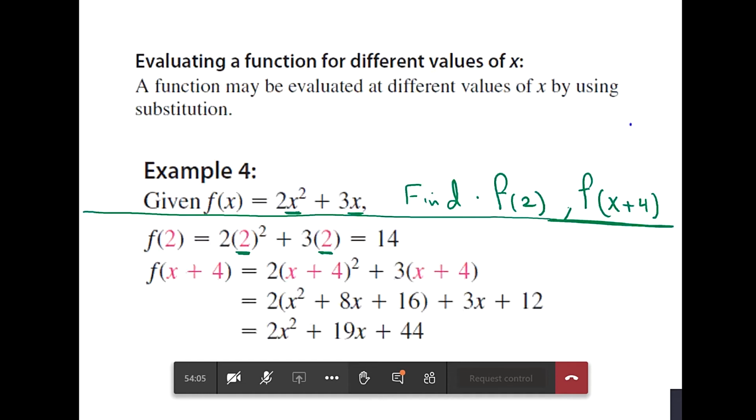Okay, now look at this x plus 4. We replace x with x plus 4 here and here, and find the more simplified form by removing the brackets.